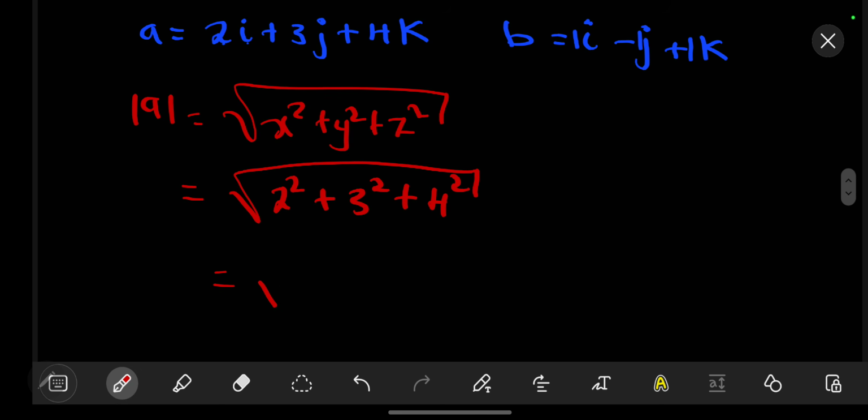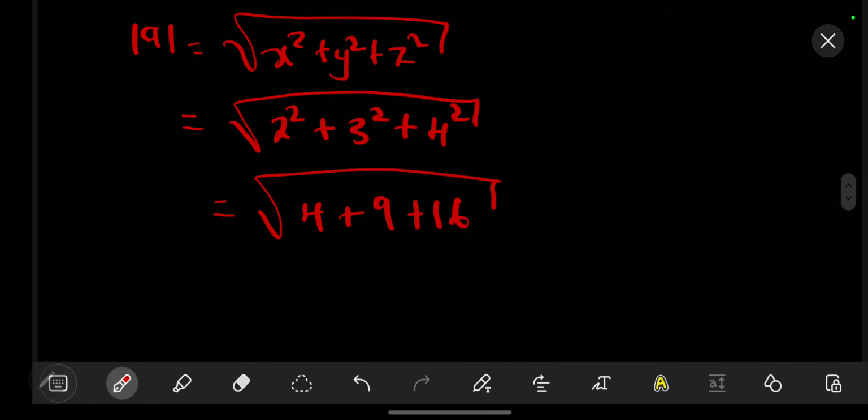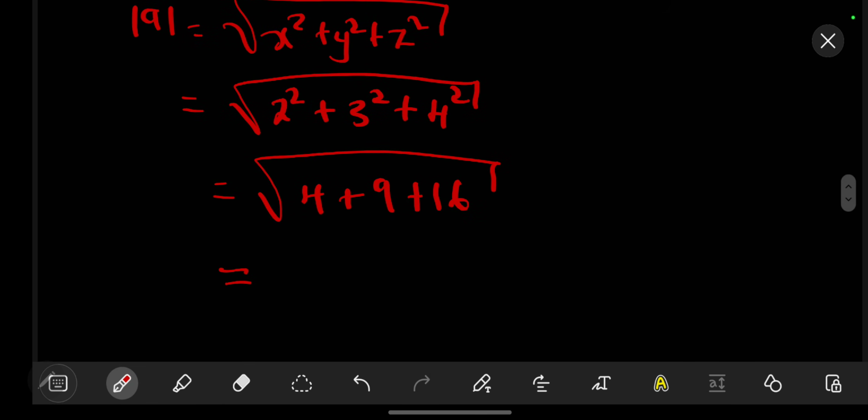We have the square root of 2 squared is 4, plus 3 squared is 9, plus 4 squared is 16. When we add these, the magnitude of A gives us the square root of 29, because 4 plus 9 plus 16 gives us 29.